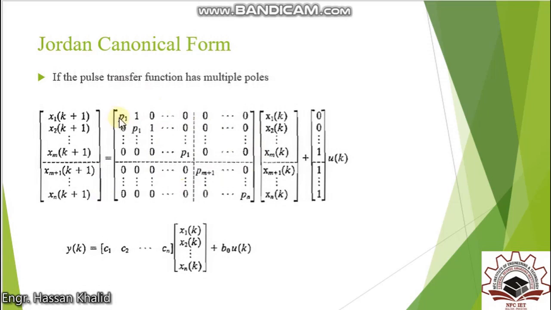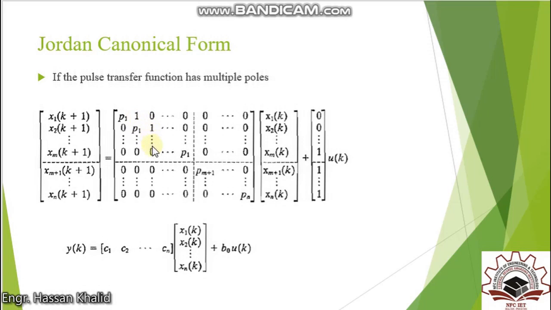First of all, you will place the value of the pole on the diagonal, P1 that is 1, 1, and similarly 1 again. Now the first entry, P1, will be placed directly. For the second repeating pole, there will be a 1 in the previous entry in the same column.